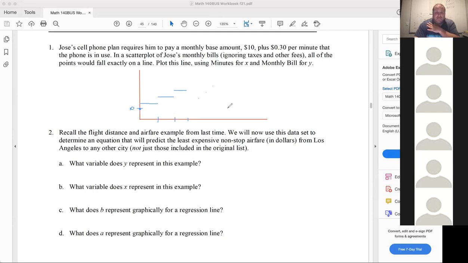So when he gets his monthly bills, this is for one month, which means his bill for that month is going to be 10 plus 0.3x, where x is how many minutes he used and y is the bill, correct?